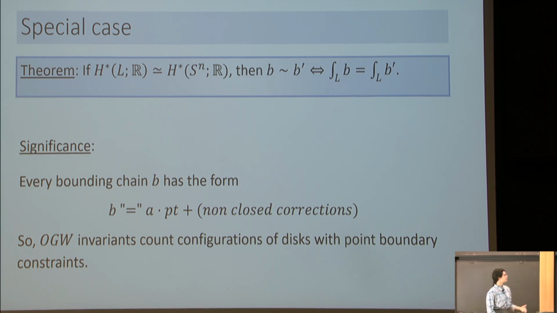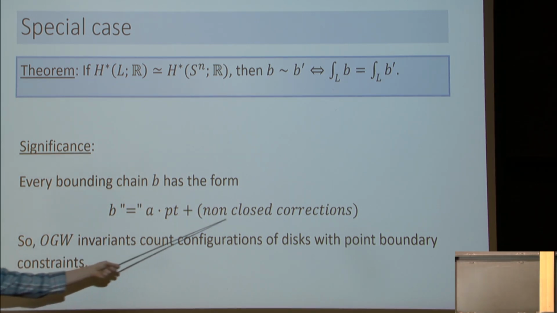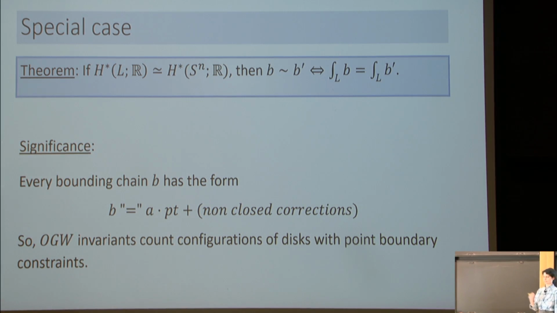But the bottom line is, all those B's just look like a multiple of a point, plus those corrections that are not closed that come from the Maurer-Cartan equation. Right, they're not closed in the sense that they have a non-trivial boundary. The non-trivial boundary, we know exactly what it is. Being a bounding chain means that their boundary is the boundary of other disks.